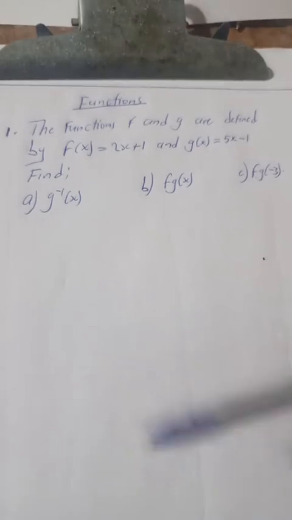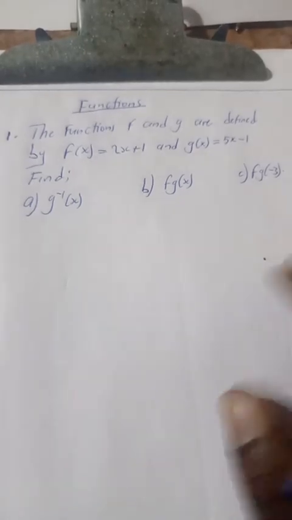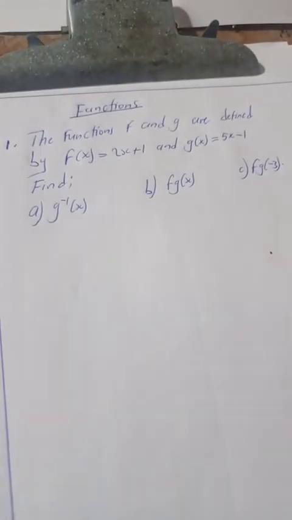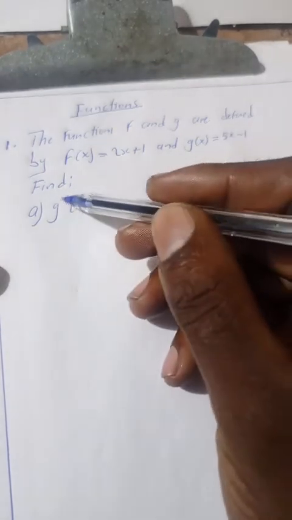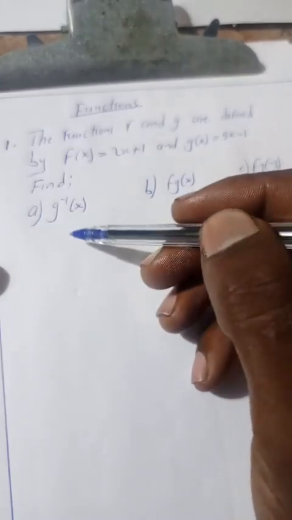Okay, so let us start with the first one. How do we find the inverse of any given function? This is how you know that they are asking you to find the inverse. You'll see the power -1 here. You are finding the inverse of a function.